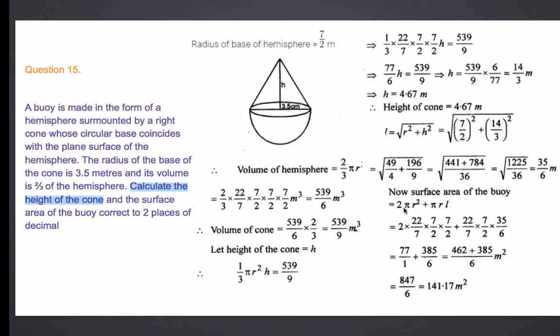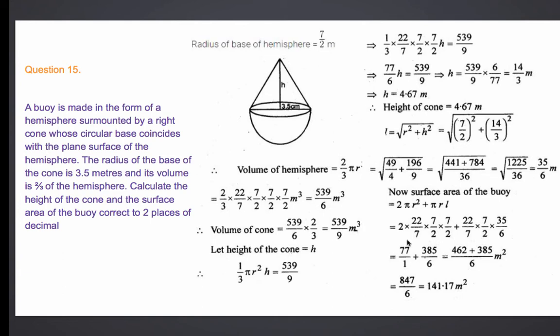Now let's substitute the values in the formula to calculate the surface area of the body. 2 pi r square, where pi is 22 upon 7 and radius is 7 by 2 for each. So 7 by 2 into 7 by 2, plus pi rl, which is the curved surface area of the cone. Pi is 22 upon 7, radius 7 by 2 again, and L, the slant height, is 35 by 6.